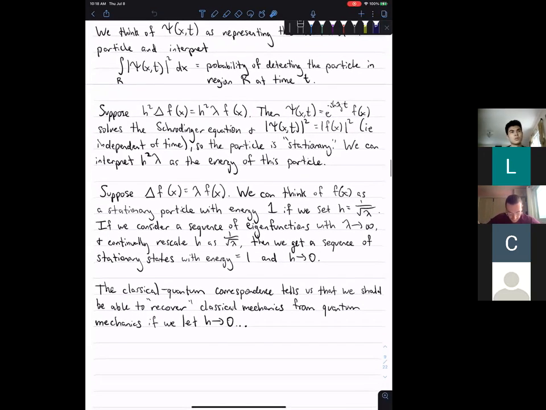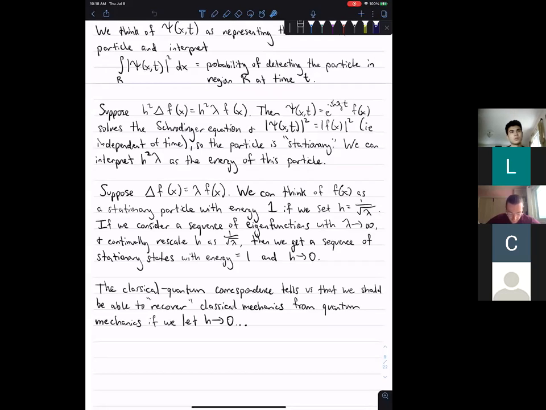So if you have an eigenfunction of the Laplacian with eigenvalue lambda, then we can think of this as representing a stationary particle with energy 1 as long as we judiciously choose the value of h. So if we set h equal to 1 over square root of lambda, then this quantity h squared lambda becomes 1.